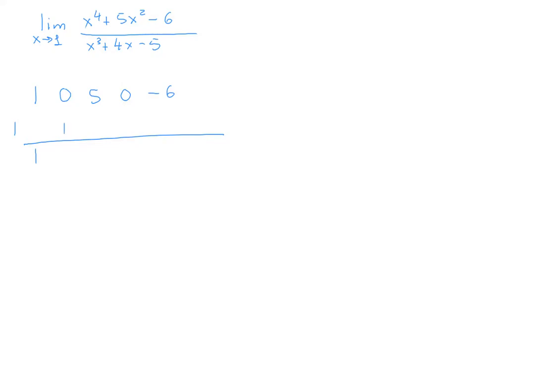So we find 1, we write it here, we add it, and then again 1, that gives us 6, and then 6, we add it, that's 6, and then 6, that's 0. So here are the numbers. So this will give us the limit as x tends to 1 of x minus 1 times x to the third plus x squared plus 6x plus 6 over.